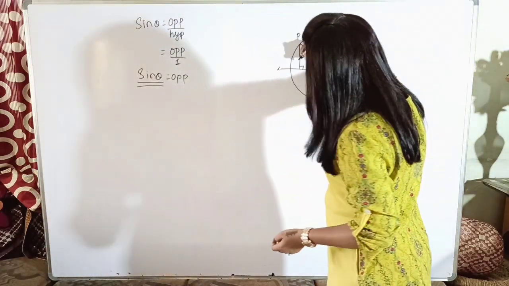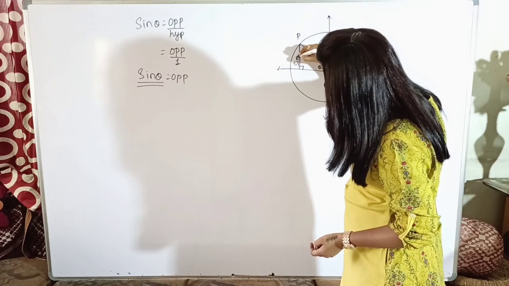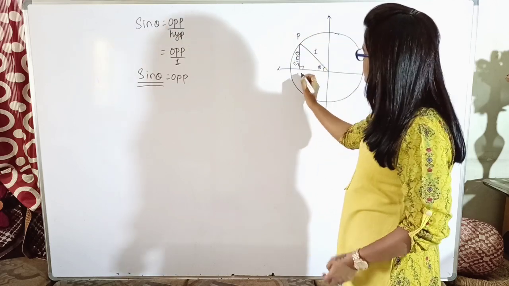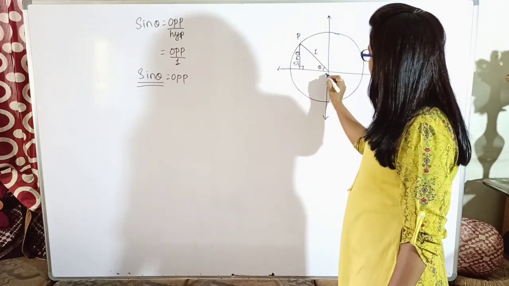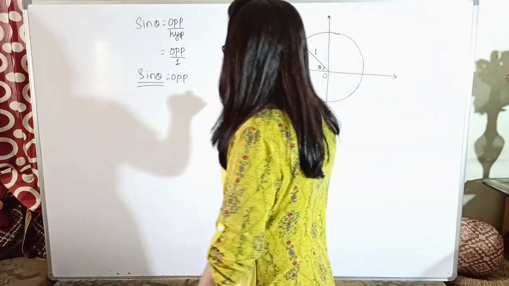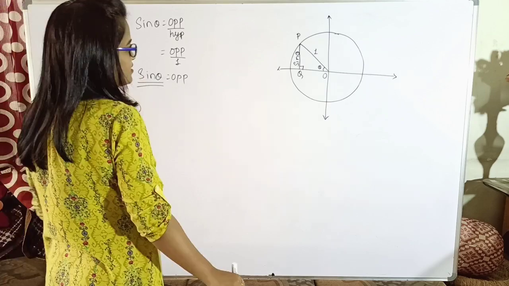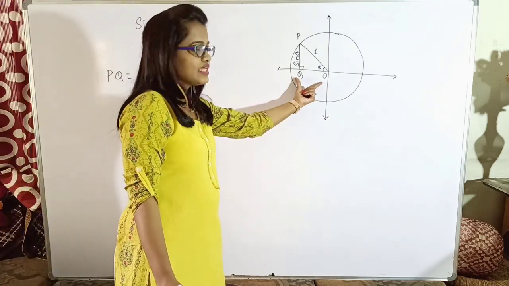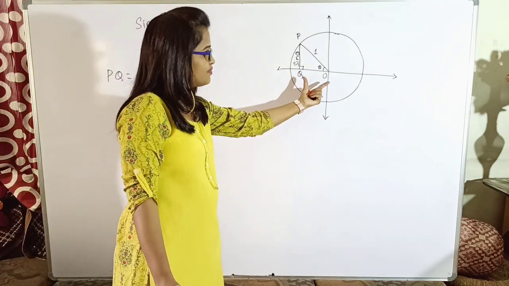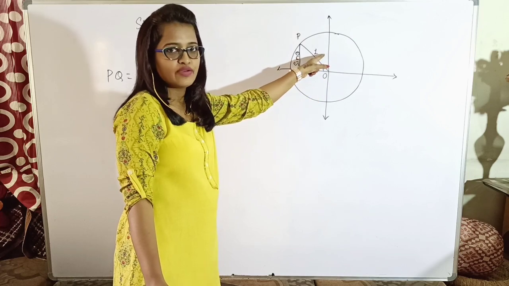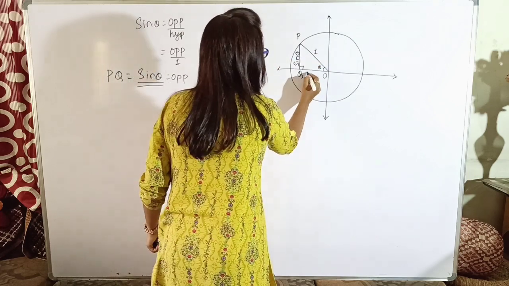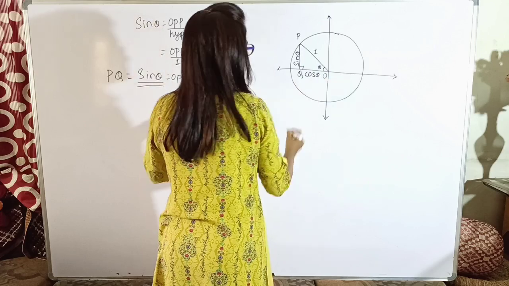So this is the opposite side for theta, so it will be sine theta. If I name it POQ, PQ is nothing but sine theta. Similarly, OQ is the adjacent side, so cos theta is adjacent upon hypotenuse. Again, the hypotenuse is 1, so this length will be cos theta.